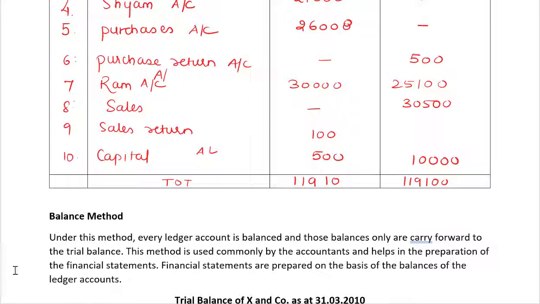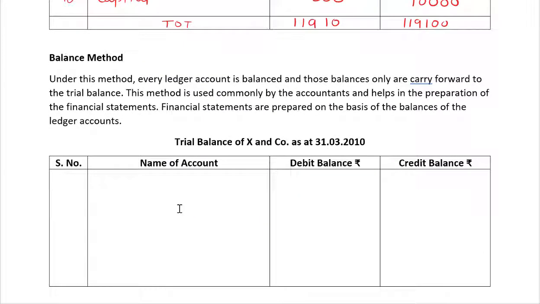Let's move to another topic now, and that is the balance method. In the balance method, we'll not be seeing the totals, we'll be seeing only the balances. That means, under this method, every ledger account is balanced first. We had already balanced it. And only those balances are carried forward to the trial balance.